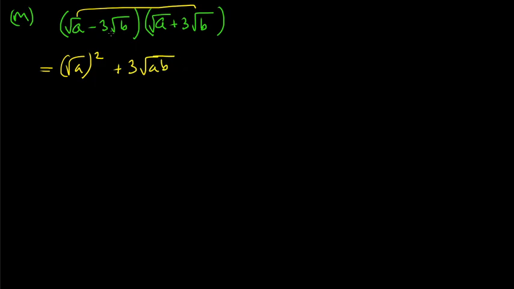And then the inside terms, you just have minus 3 square root of ab. And then the last, you have negative 3 times positive 3 is negative 9 times the square root of b squared. Just to make it look similar, 3 times 3, so 3 squared times square root of b squared.